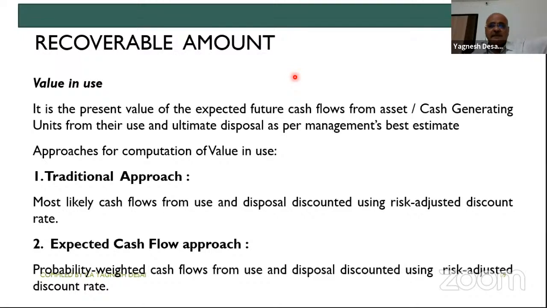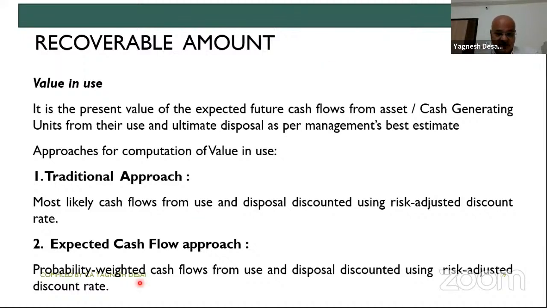You're not going to test the capacity which is going to be there a couple of years down the line. Valuation is a different matter. In testing impairment, it is for the CGU only, for the current capacity only. So be careful about that.